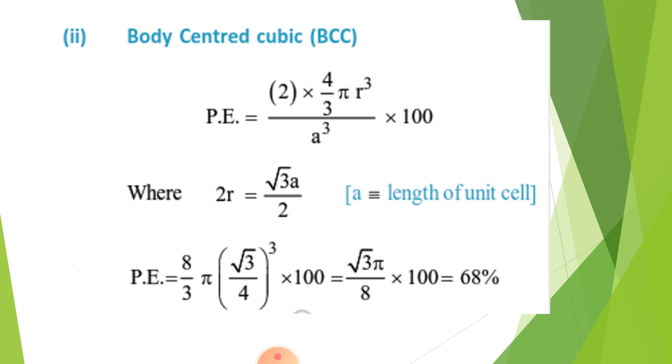That's why the total diameter of these spheres is 4r, that is the body diagonal, and this 4r is equal to root 3 a. Put the value of a here, and we find the packing efficiency is 68%, which is more than SCC. That's why BCC is more stable than SCC.